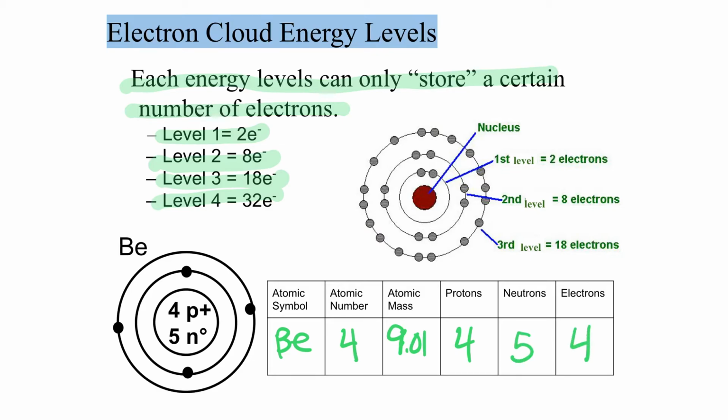And so we drew our nucleus here, and you write 4p plus, 5n naught. And then the first energy level after the nucleus can only hold 2 electrons. Once you've done that, we started with 4, we used 2, so we have 2 electrons left.